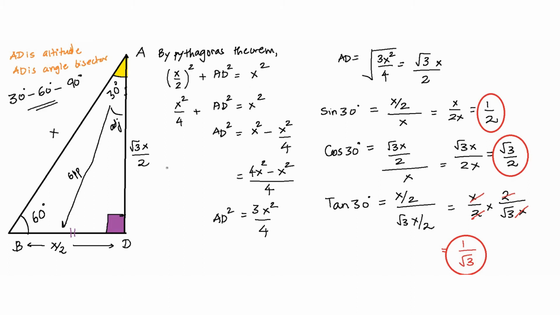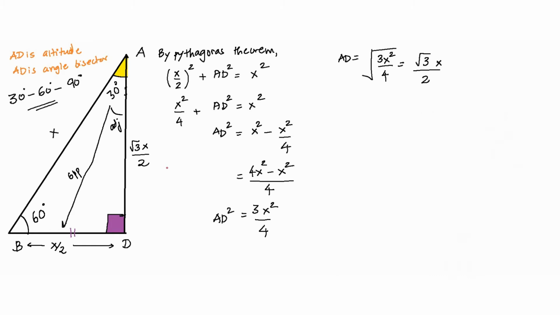So let us now find the trigonometric ratios for 60 degrees. So now that we are finding the trigonometric ratios for 60 degrees, the angle of reference is now going to be this particular 60 degree angle. So let us start finding sin 60. With respect to this 60 degree now, the definition of adjacent and opposite will switch. So the opposite side to 60 degrees is going to be root 3x by 2.